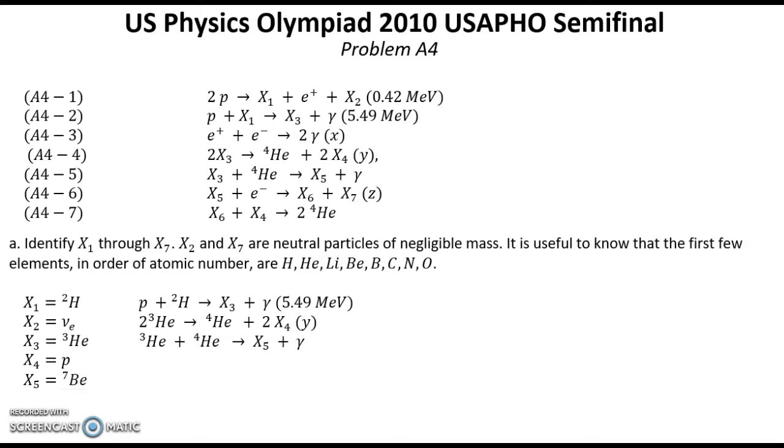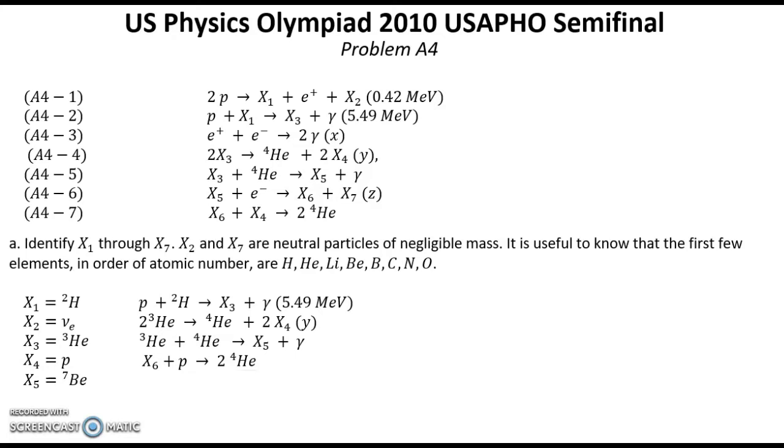Now let's go to equation 7. We have unknown particle x6, and we already know that x4 is proton. Let's rewrite it. So on the right we have 2 particles helium 4, which have total charge 4 and mass 8.